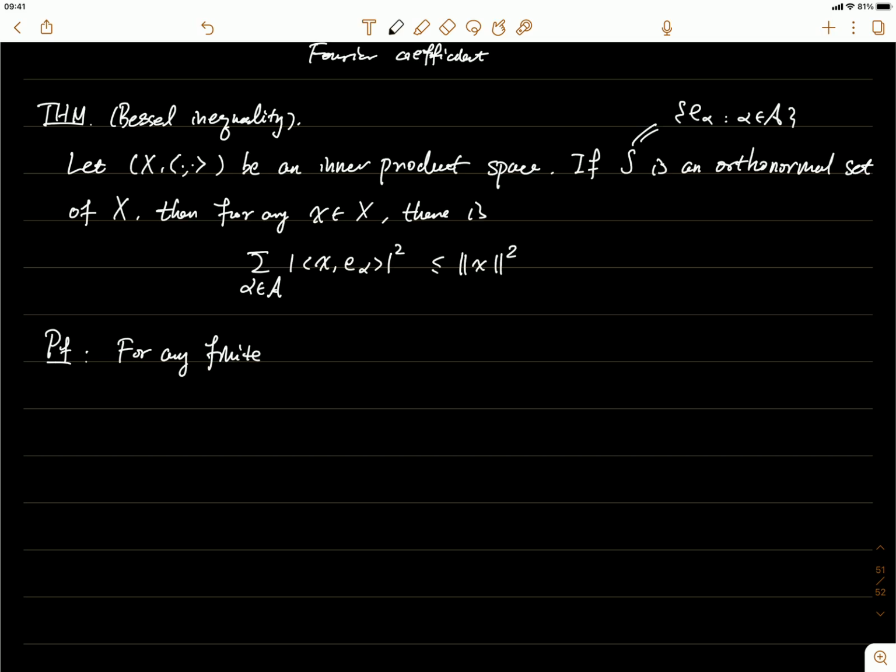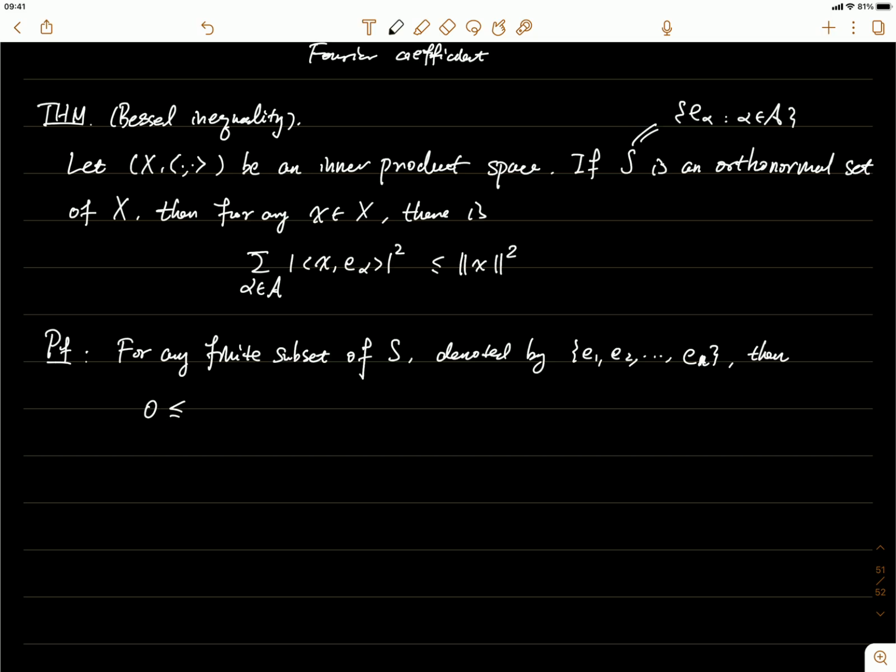Let's look at any finite subset of this set S. Say we have just collected n elements from S. Then we can check.